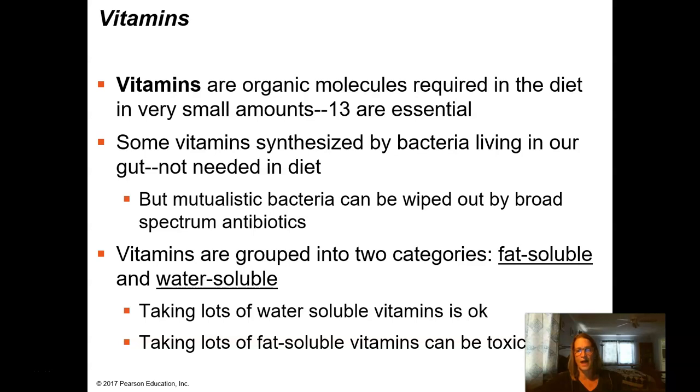But if you take a lot of fat-soluble vitamins, those will build up in your fat cells, and they can become toxic and even potentially kill you.